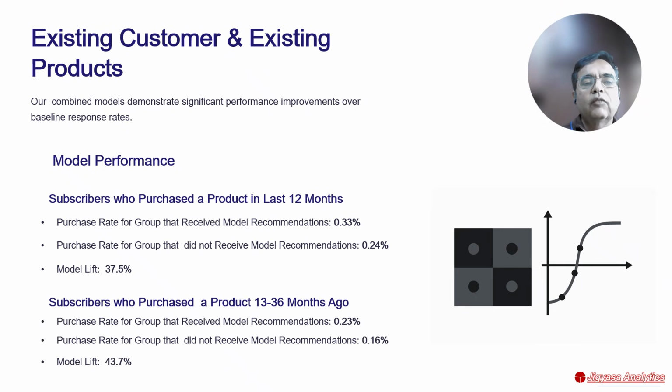And for subscribers who purchased the product a little earlier, say in 2020 or 2021, and did not purchase anything in the last year, we saw the purchase rate improve from 0.16% to 0.23%, which meant a model lift of 43.7%.